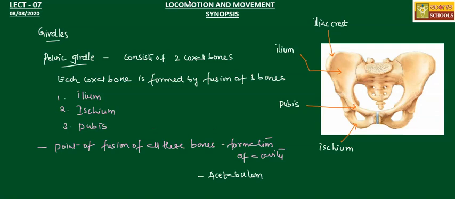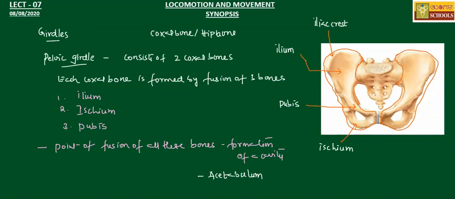This coxal bone is also called the hip bone. So the coxal bone, or hip bone, is everything I am marking with the line, and you see another same one on the other side. So these are two coxal bones.